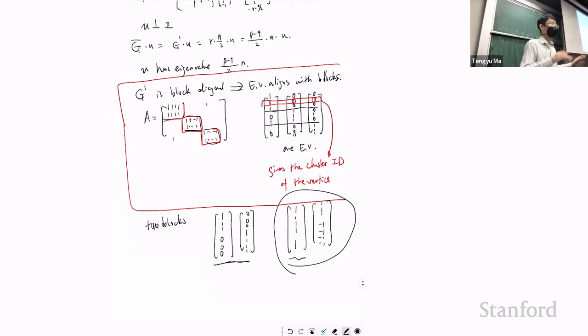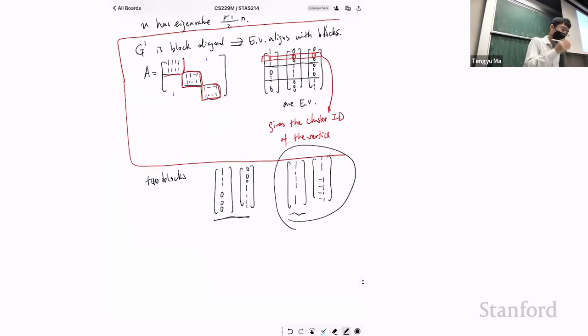Basically, without adding the background noise, you have this direction, 1, 1, 1, 0, 0, 0, and this direction, 0, 0, 0, 1, 1, 1. And you can also have this direction, which is the all 1 vector, and this direction, which is 1, 1, 1, minus 1, minus 1, minus 1.